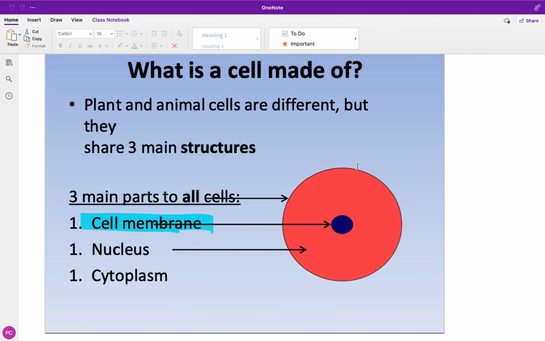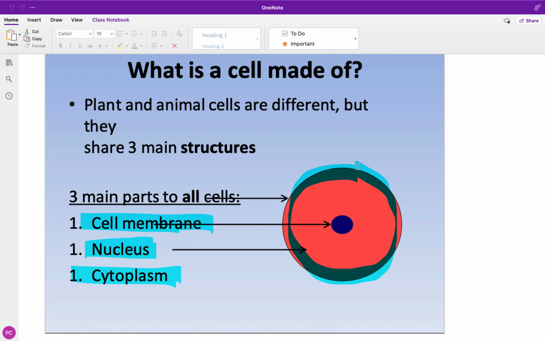The membrane is the bit around the outside, like the skin on the outside of a cell. They have a nucleus, which is the blue bit in the middle there. And the red part then is cytoplasm, the liquidy part. So there's your three labels of all cells, but mainly of animal cells, because plant cells have a few more, which we'll see in a second.